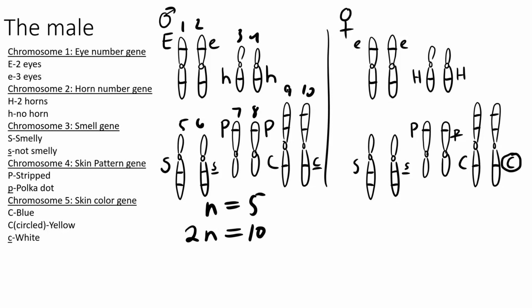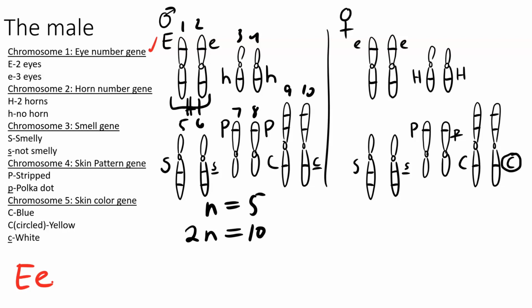If you look at the male on chromosome number 1 here, you'll see that it is heterozygous for the eye number gene. One chromosome has a capital dominant E allele, and the other chromosome has the recessive version of that.